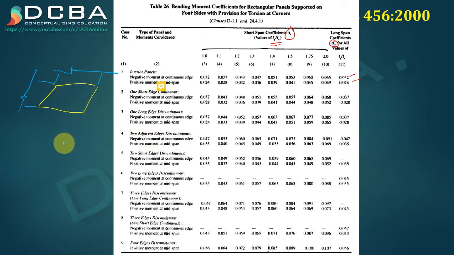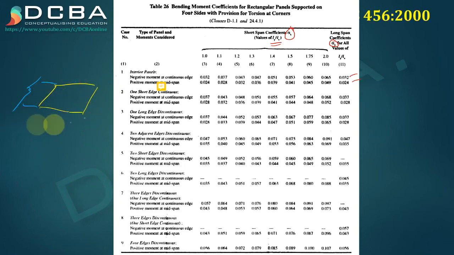Then two short edges discontinuous. If the slab is like this, where two short edges are not continuing, then it comes under case 5. Then two long edges discontinuous. If the slab is something like this, that is, two long edges do not have any slab on either side, then it is under case 6. Case 7, three edges discontinuous.